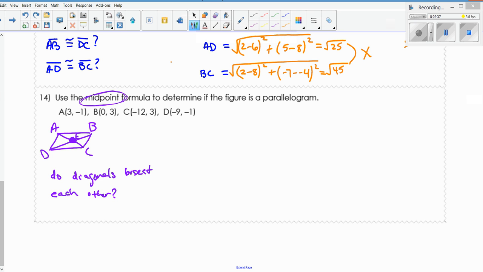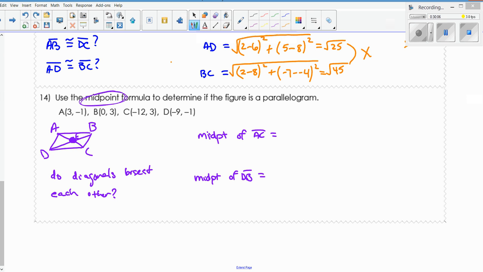Okay, and the way that I determine that is finding the midpoint of both of my diagonals. So I want to find the midpoint of AC. I want to find the midpoint of DB. And if they're the same, then they must have bisected each other. And if they're not the same, then they must not have bisected each other.